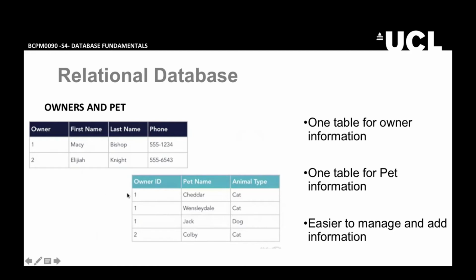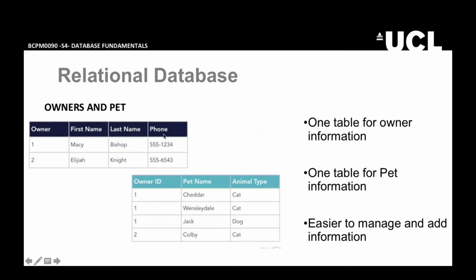And we are using this code in the table for pets. So now we don't have to include here all the information related with the owner. This makes the process much easier to manage and retrieve information, and especially when adding information.